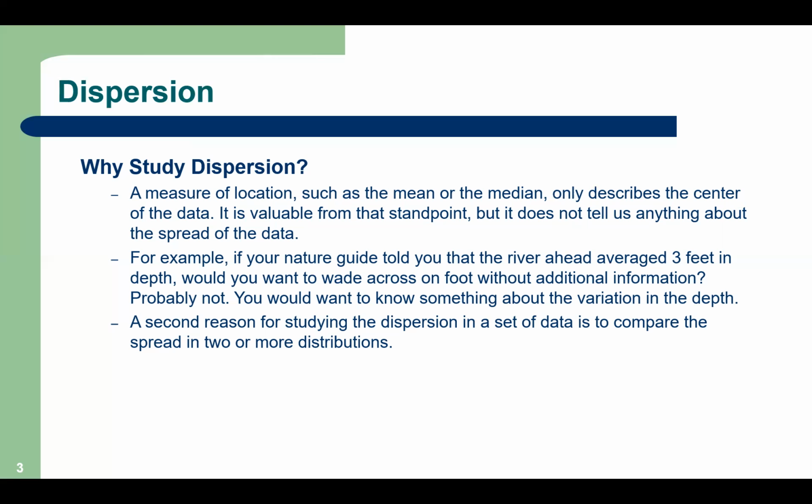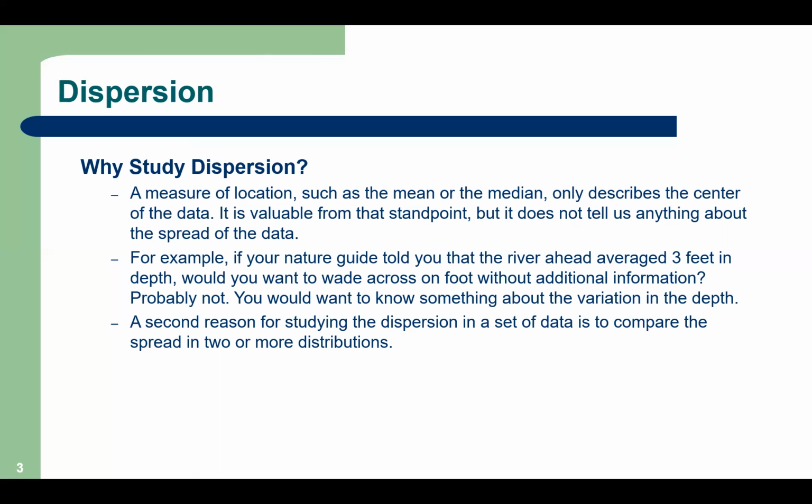When we calculate the mean, we lose the original values. So how does dispersion help us? Dispersion tells us about the spread of actual values, how far actual values are from this mean.